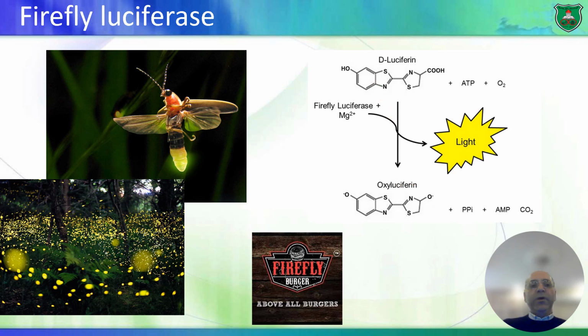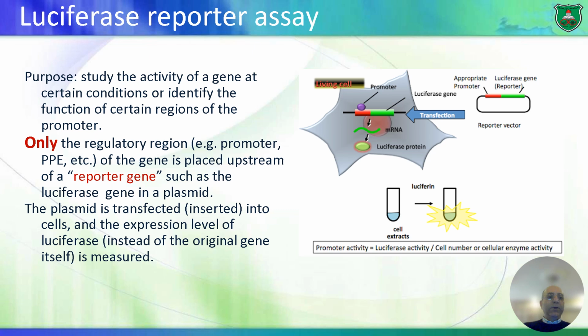So how can we take advantage of all these molecular tools? That's what we do. We create recombinant DNA using these plasmids. We have a bacterial plasmid, and we take the fruit fly luciferase gene and add a promoter that we want to study. We're not using the original promoter of the luciferase gene.